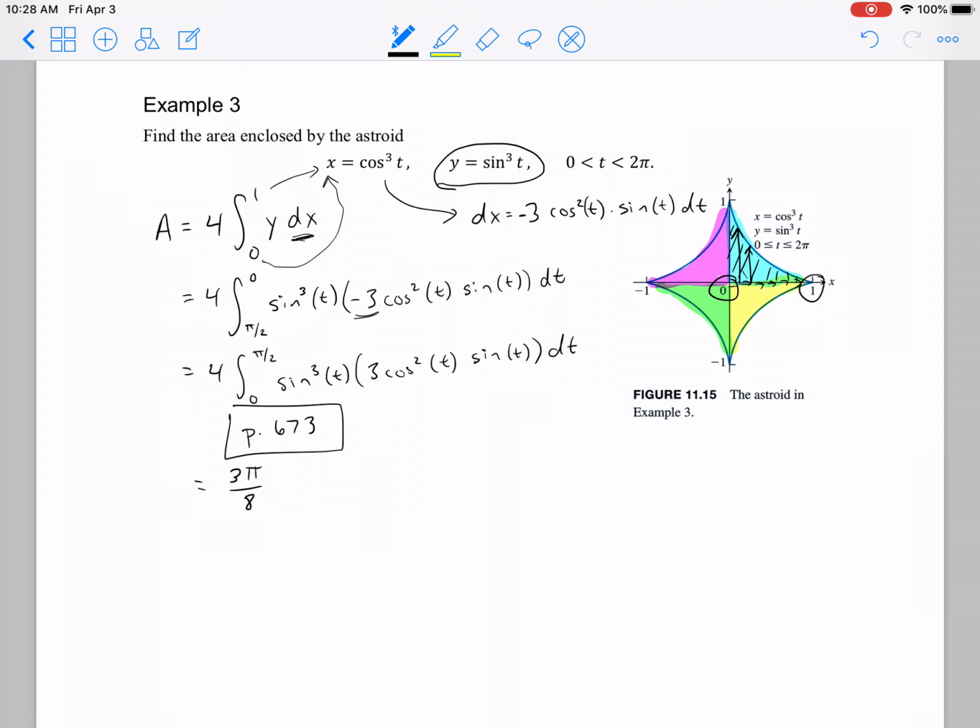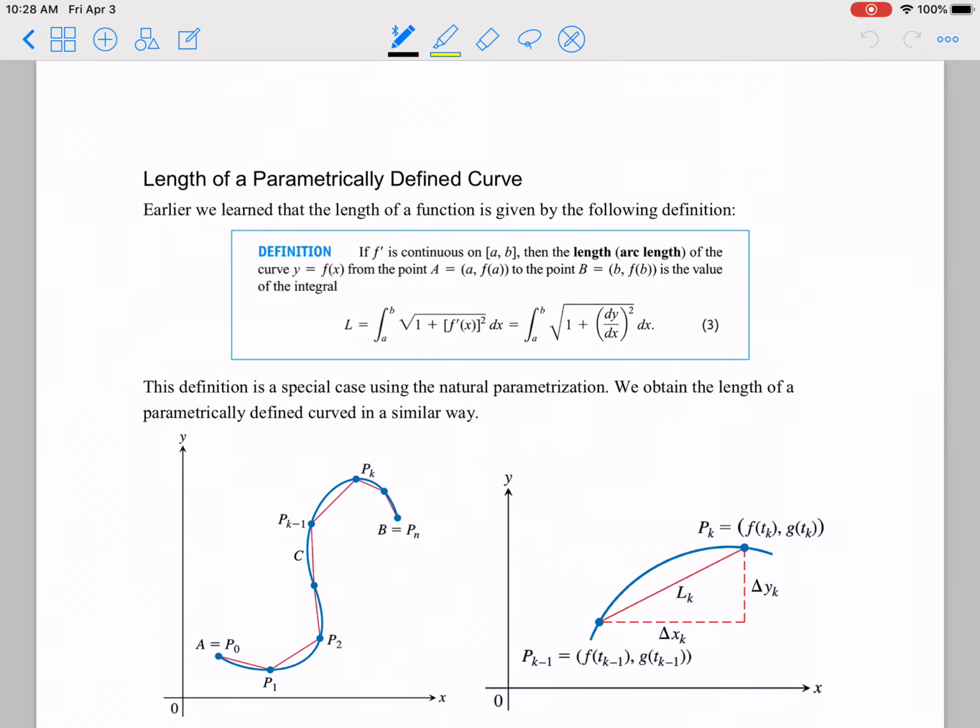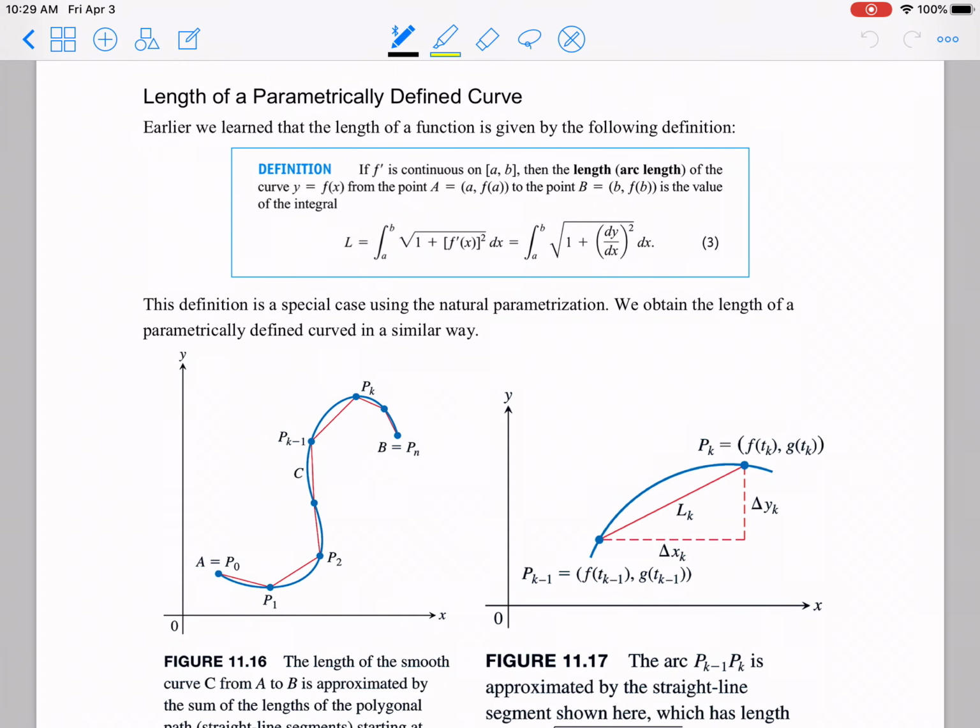All right, so next part is the length of a parametrically defined curve. Earlier we learned the length of the function is given by this. I'm going to do this a little differently than the book does. You can look in the book if you don't like my method, but I'm not a big fan of the way the book does it. It's very meticulous, and I don't think it's super intuitive.